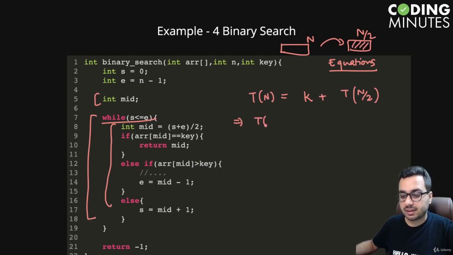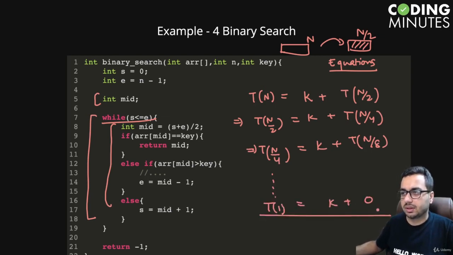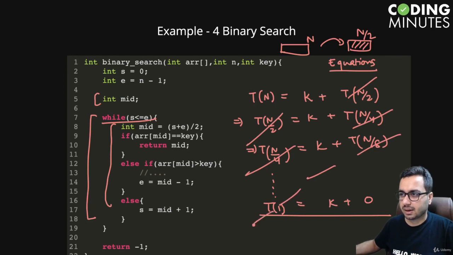Now t of n by 2 is again some constant work plus t of n by 4. Then t of n by 4 is again a constant work plus t of n by 8. I can keep on doing this till I get t of 1, which is again constant work plus 0. If I add all these equations, these values get cancelled, and t of n is left as a summation of k.